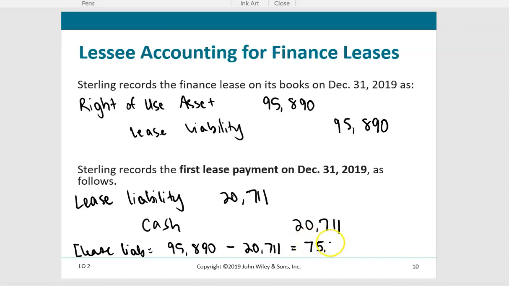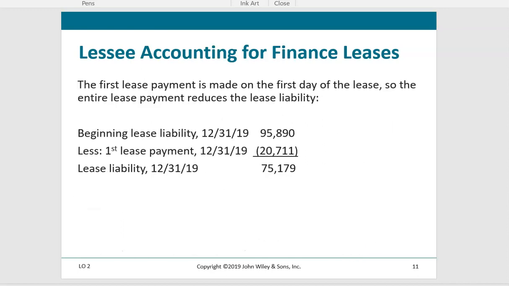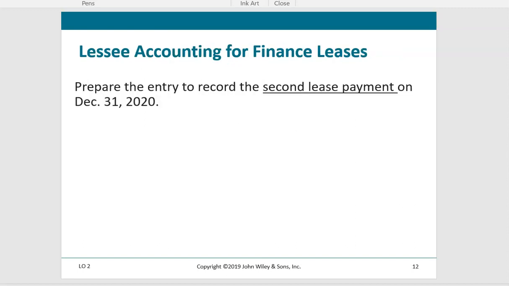So the lease liability is $75,179 after these two entries are recorded. And we see that here. The first lease payment is made the first day of the lease, so the lease liability is $75,179.